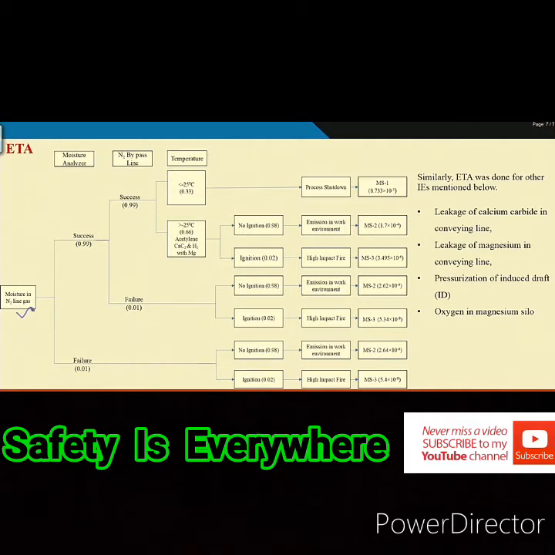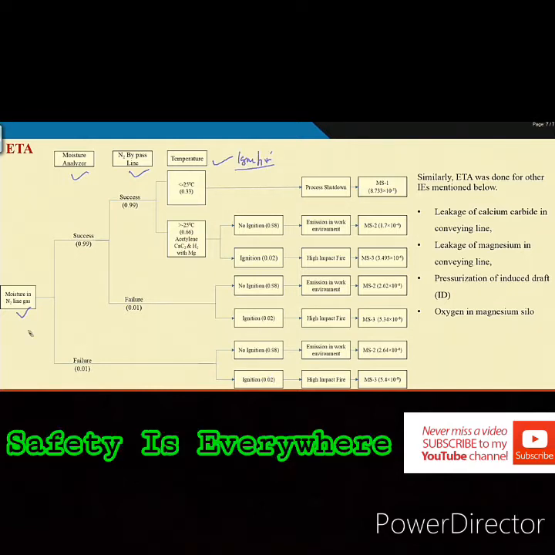Okay, for the time being you say that moisture in the nitrogen gas line is estimated, because you can estimate this using a fault tree. Then moisture analyzer, N2 bypass line and temperature. These are some of the basic protection measures. Now what you will do depends on the success and failure of these and, obviously, the ignition source.